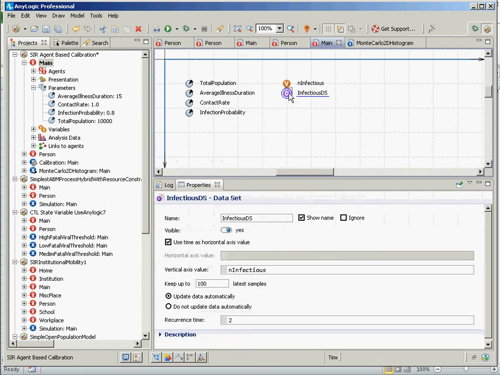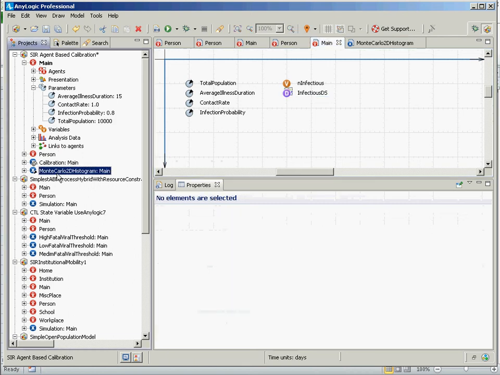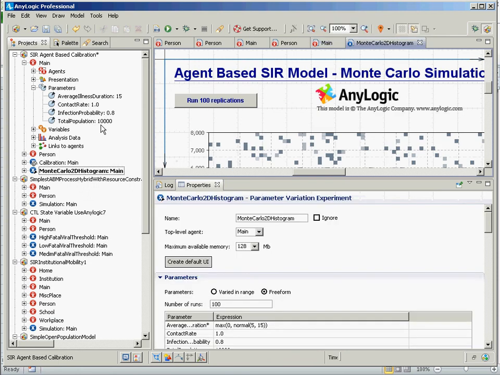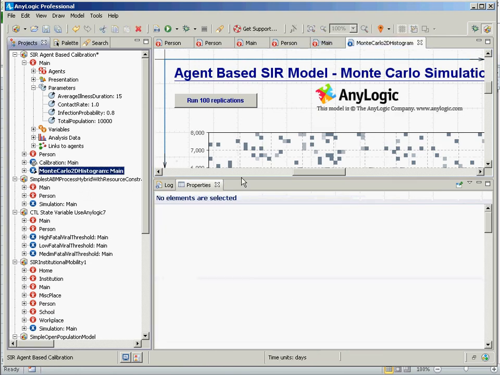And this experiment is running the main class many, many times. And each time it runs, it actually extracts the data from that run and adds it to its 2D data set, this binning data set that's summarized here.